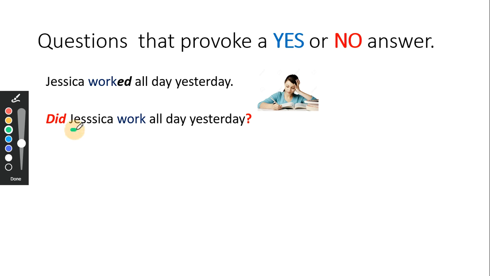Then I put the word Jessica, the subject, and the verb work. The verb work goes back to its simple form. Notice when it's an affirmative sentence, the verb does need the termination ed, worked. But when it's a question, the verb goes back to its simple form. And the question is, did Jessica work all day yesterday?